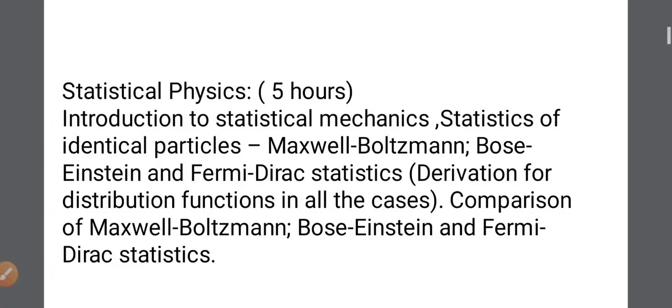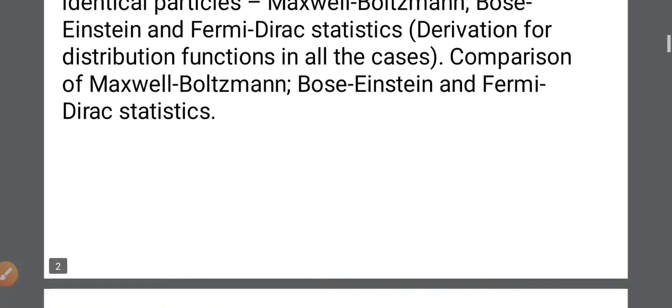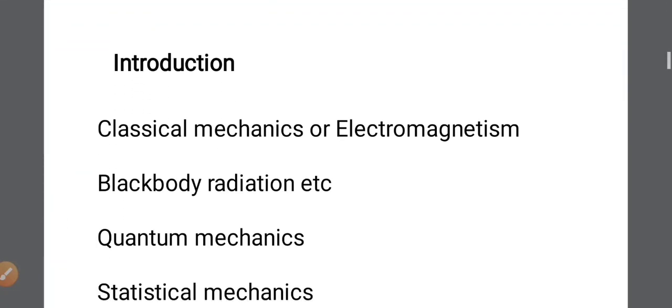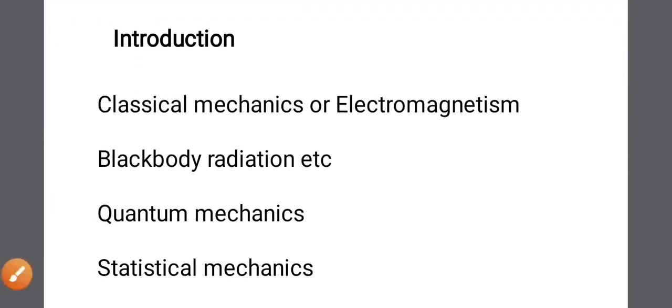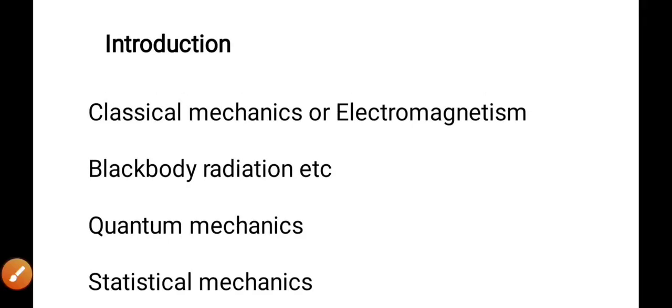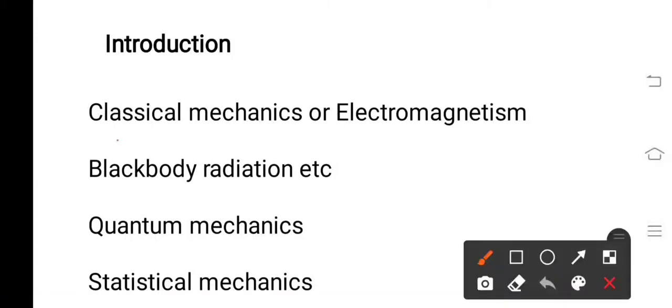Okay, now let us see some introduction of statistical physics. Up to the end of 17th century, all observed physical phenomena were explained by using laws of classical mechanics or by the laws of electromagnetism.